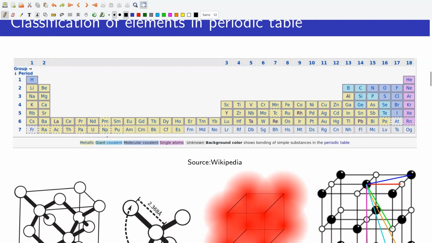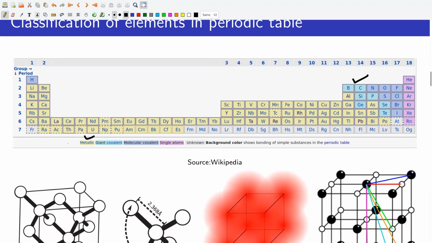Let us explore the periodic table in search of metals, semiconductors, and insulators. When individual atoms come together to form a solid, their properties depend on the type of bonding holding the constituent atoms together. Looking at the periodic table, most of the elements form a solid via metallic bonding, and some of them form a solid via covalent bonding.